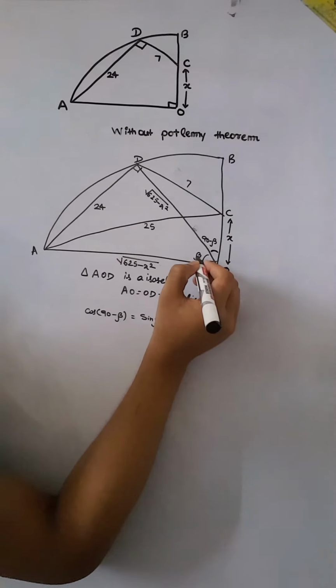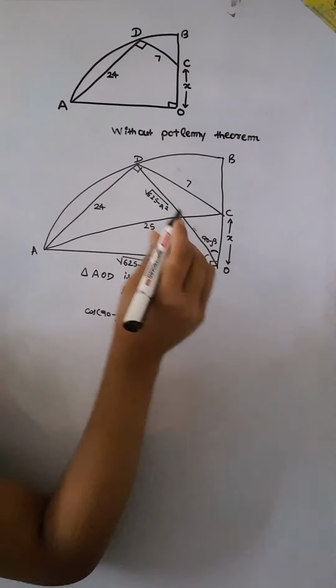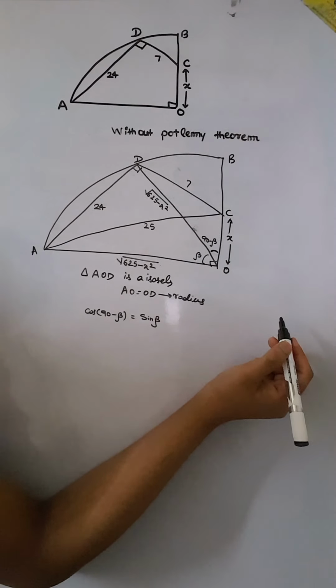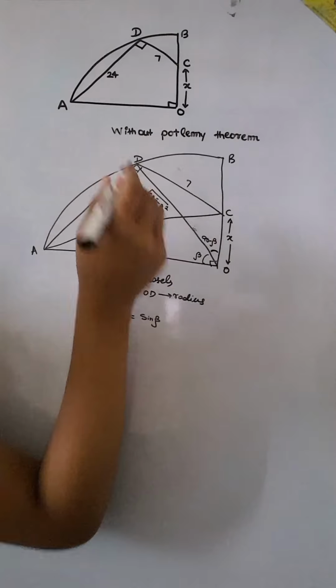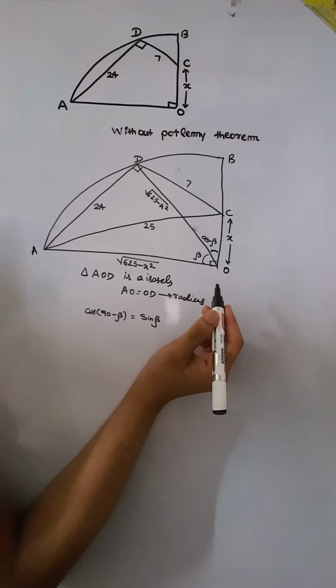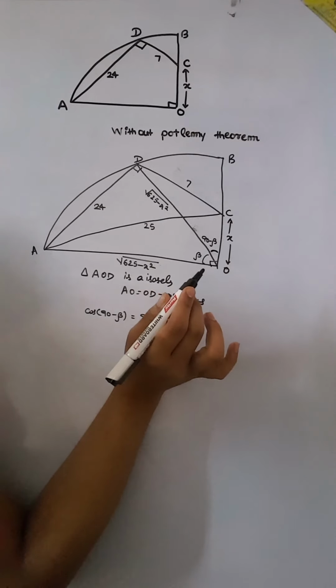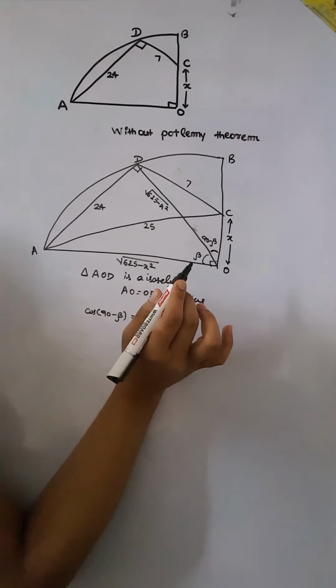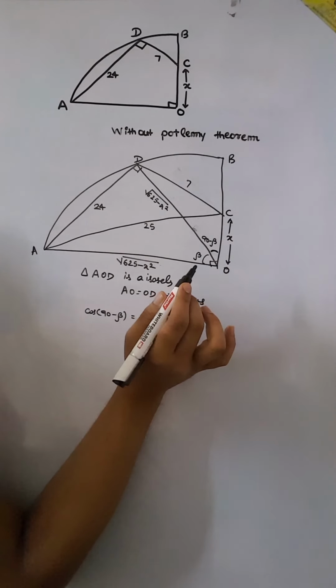And if this is beta, then as we all know that AOD is an isosceles triangle, the angle A and the angle D will be the same. That will be the first thing.